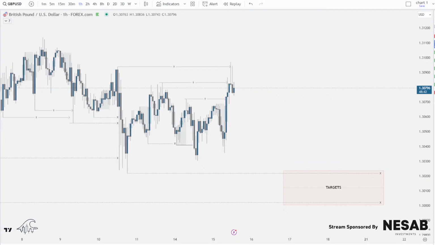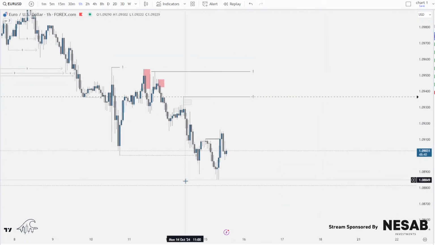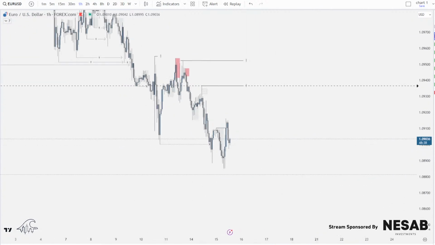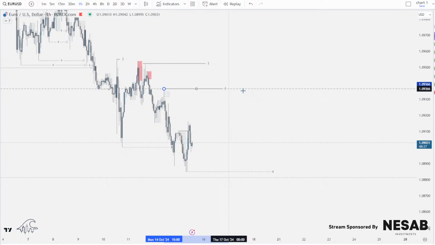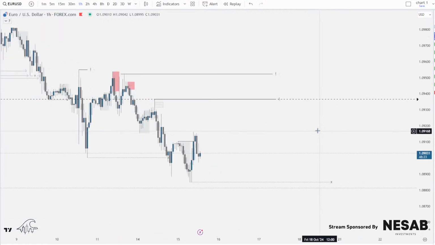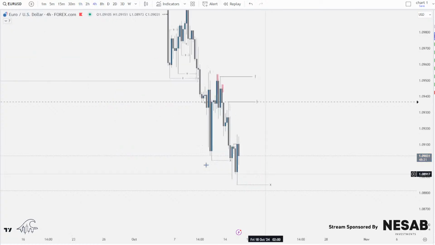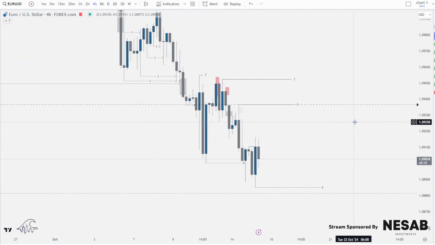It's the same principle with Euro. We have targets at the low. The only difference is our targets are a bit washy. We don't really have a huge range on the targets. But we were looking at this high and we were looking at this high. Exactly the same as when we took out the previous points and we told you about the selling process that we were looking to do.